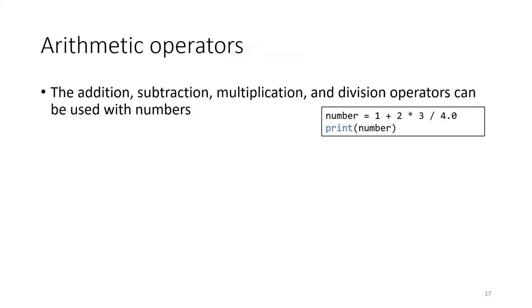We can have arithmetic operators in Python as follows. We have simply addition and subtraction, multiplication and division operators, very similar as we would do in mathematics. Just that for multiplication, remember that asterisk is used. You cannot use x, for example, or you cannot use dot.